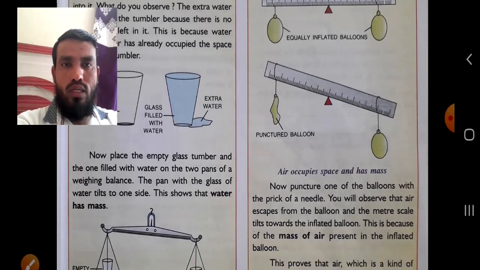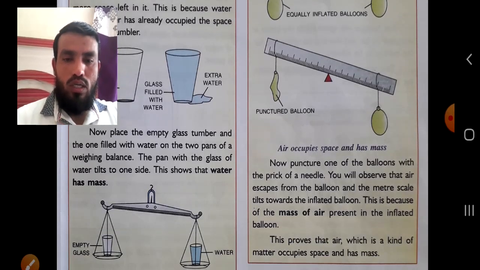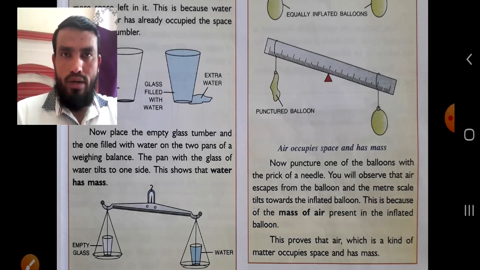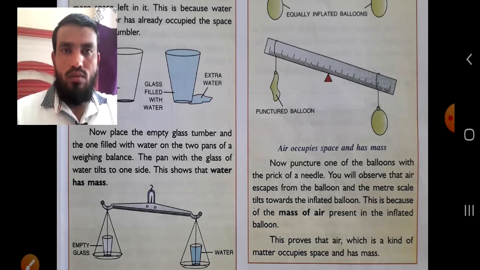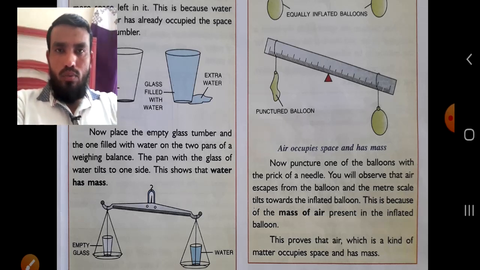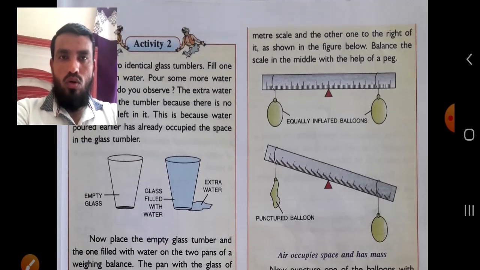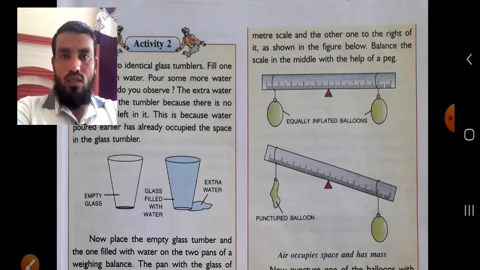This proves that the water is occupying the space. Whatever amount we have already added occupies the space of the glass, and now there is no more space for the water. So it proves that mass or matter occupies space. That is why there is no place for the extra water, right.